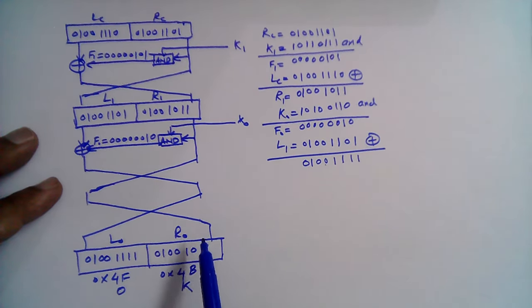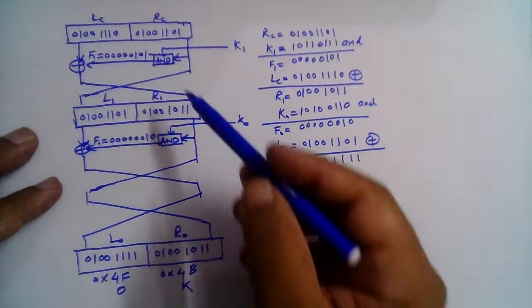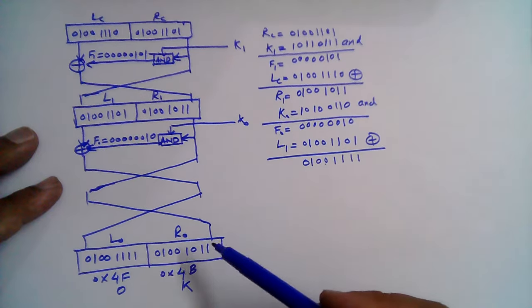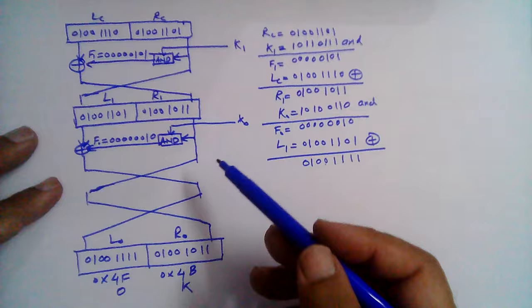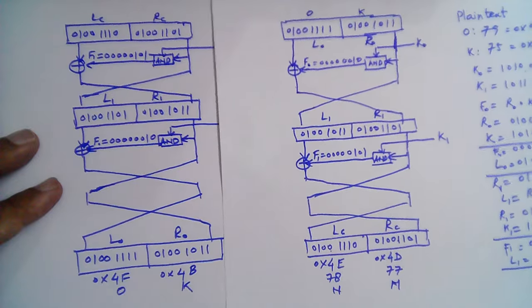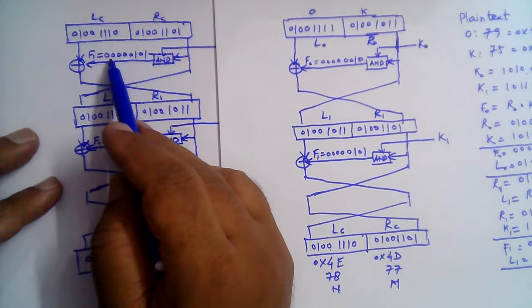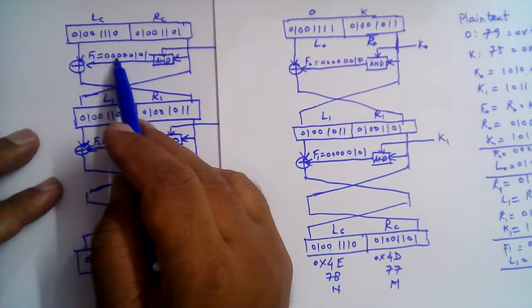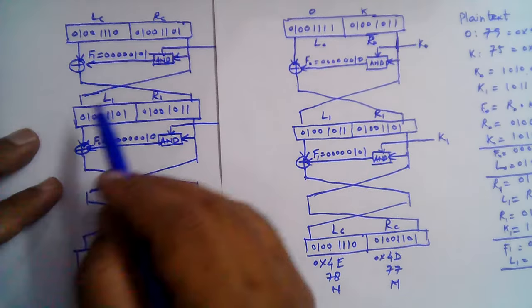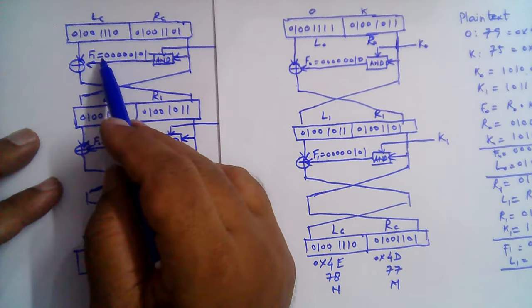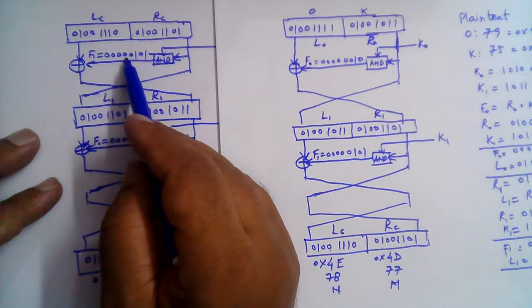So we have recovered plain text from the ciphertext by running the Feistel cipher structure in reverse. If you compare both here, this was F1 in encryption, and in the decryption process the F1 here is 000010.